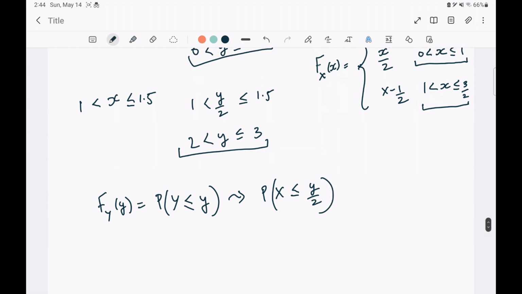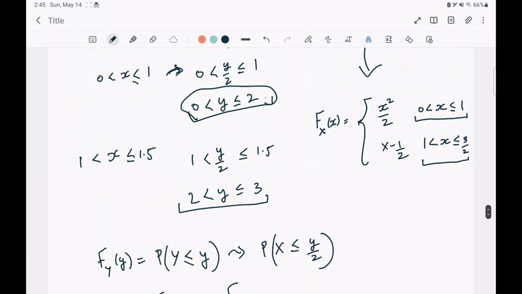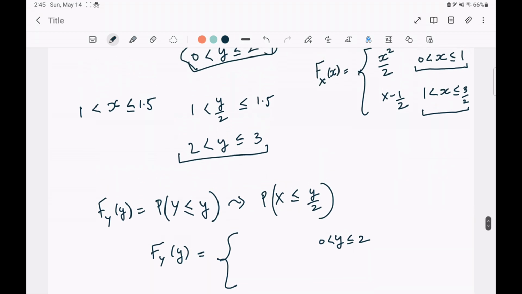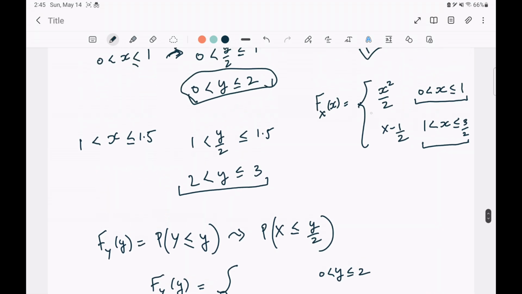And let's say for the first range, for y lying between 0 and 2, what would be the value of the CDF of y? It would be, since it follows the pattern x square by 2, if you just replace x by y by 2 here, it would be (y by 2) square divided by 2, which would be y square by 8.